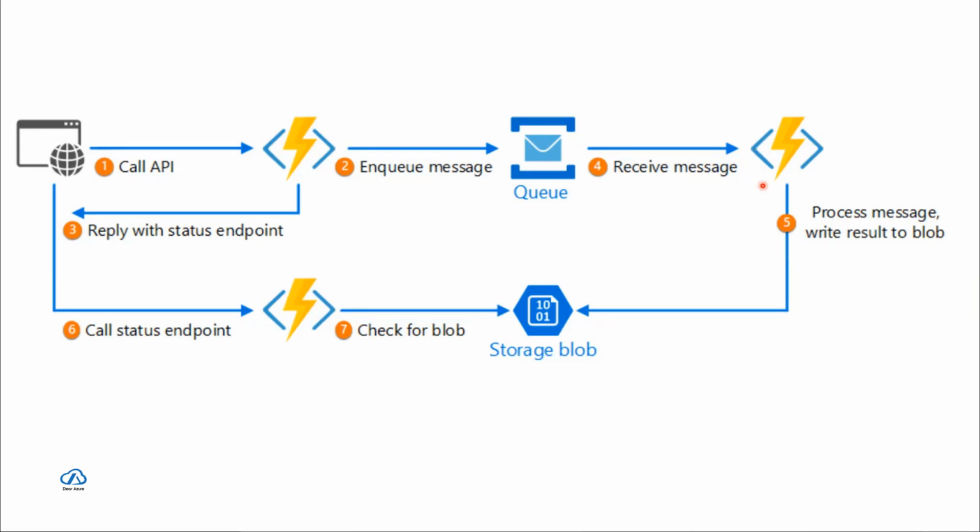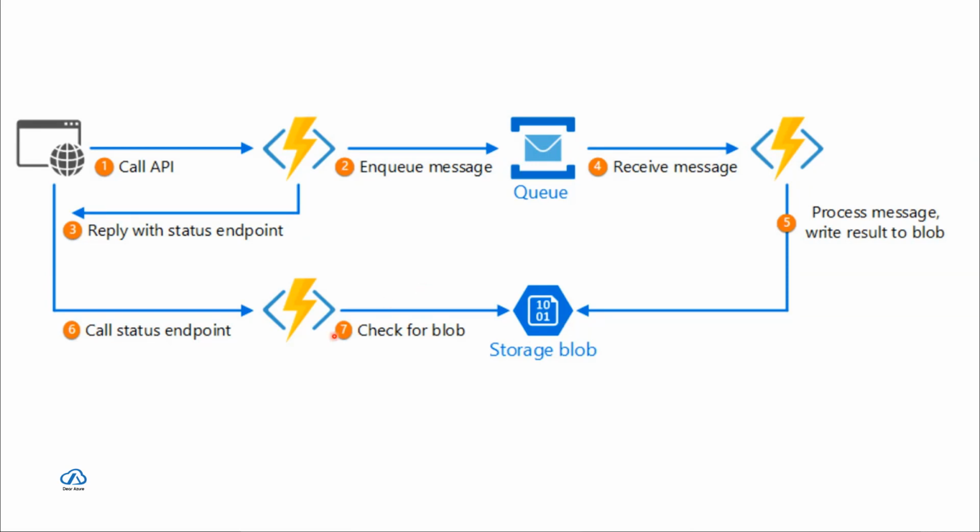Also, you need to be aware of the Azure Function App limits in here. If you expect that this long-running process is going to exceed the limits of the Azure Function App, then you might need to use Durable Functions because they have a longer validity than the function app. Anyway, this second function app is going to perform the long-running process and then put the result in a blob storage.